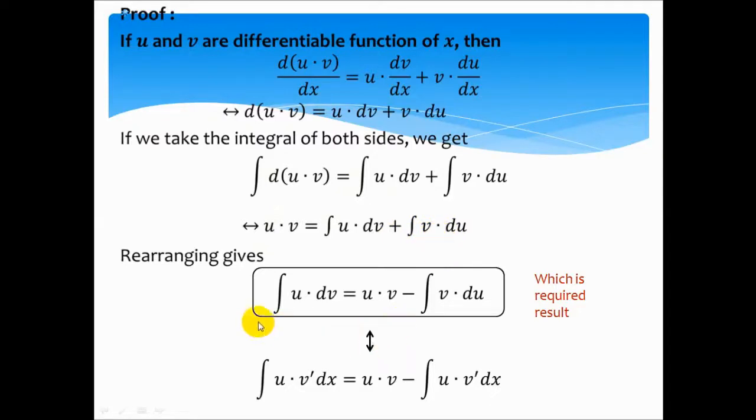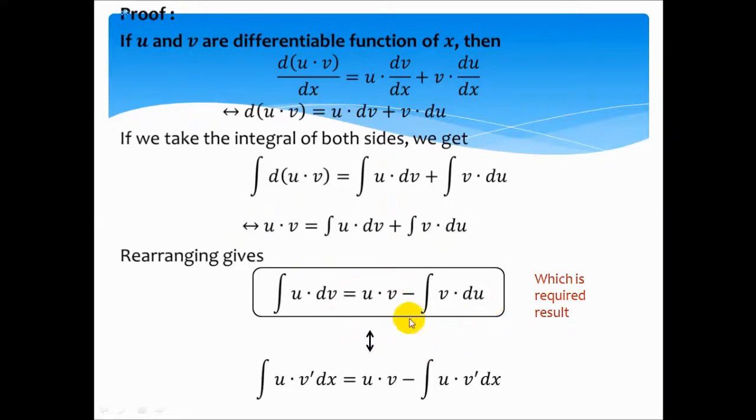So we can rearrange this. We must find the integral u times dv. In here uv is still the same, and the integral of v times du we can put on the other side, so we get minus integral v times du.